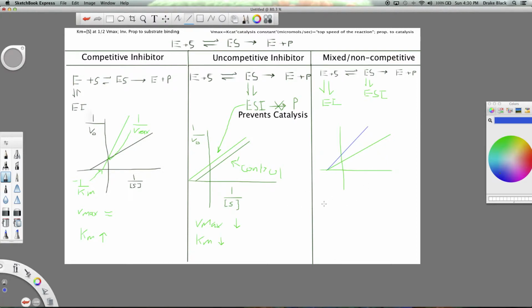So if we look at this for a mixed / non-competitive inhibitor, the Vmax goes down, is lowered, and then the Km value stays the same. And we can see that, like I said before, even though we shifted this up, since it is an inverse graph, shifting up means the value is getting lower, if that makes sense.